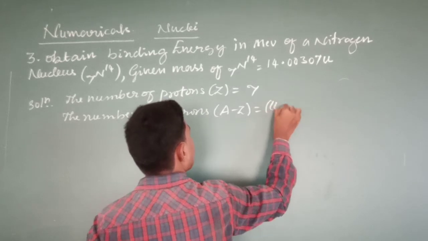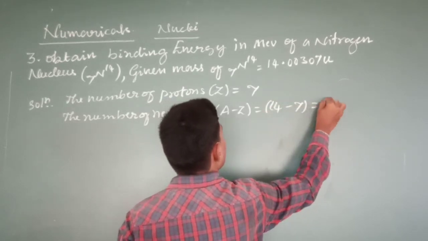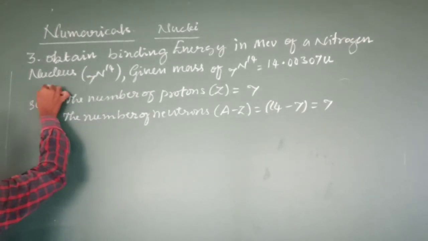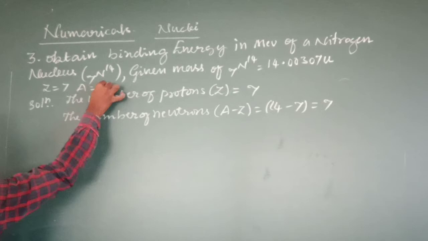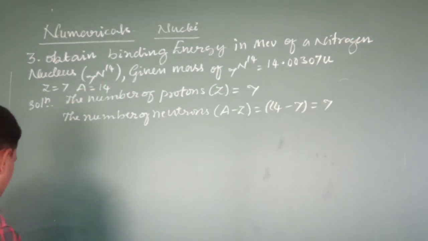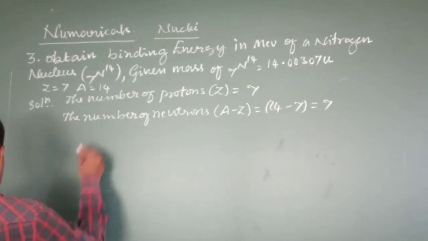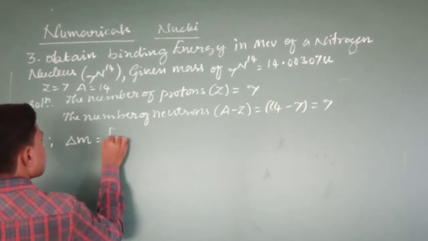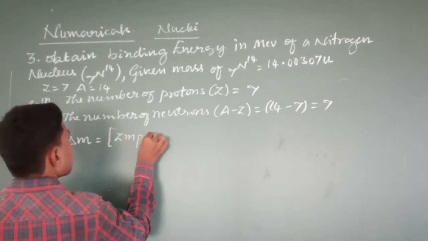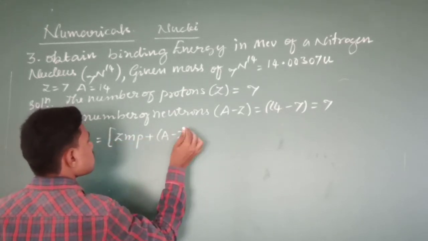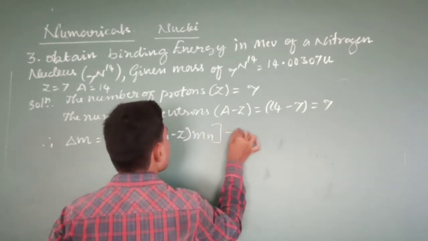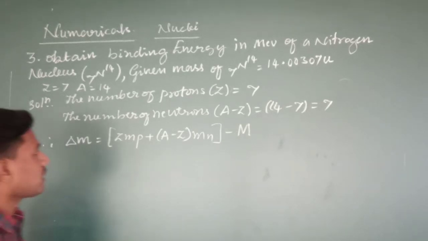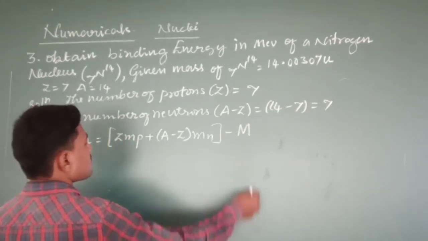Here A is 14 for nitrogen, so 14 minus 7 is 7. So atomic number Z is equal to 7, mass number A equal to 14. Therefore mass defect is equal to Z Mp plus A minus Z into Mn minus the actual mass of the nitrogen nucleus.